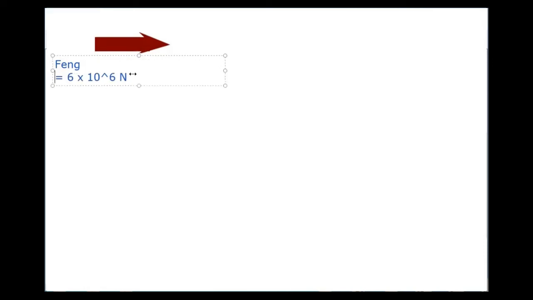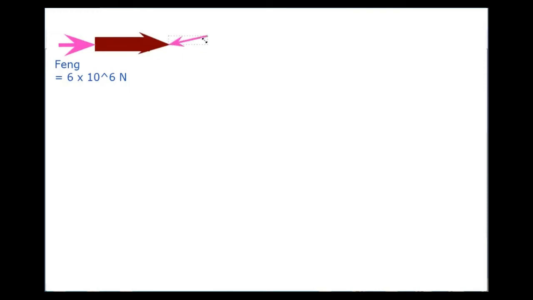Let me mark it like this. The force given by the engine is this, 6 into 10 to the power 6. There is an oppositely directed force, which is known as air drag. Air drag means some kind of friction force acting against the motion.